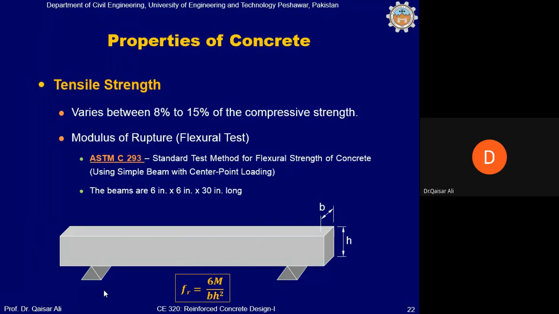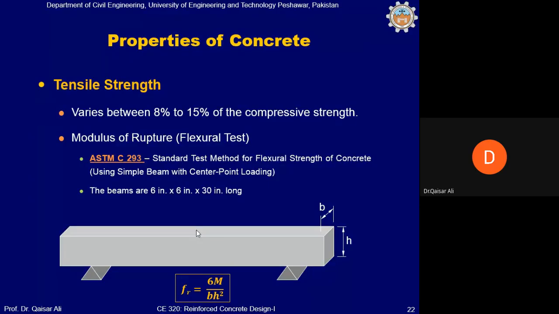Okay, this is Fr equal to 6M divided by BH square. M is the bending moment at the center point, because if there is a point load on the center, the maximum bending moment will occur also at this location. So maximum bending moment can be calculated when you test the sample, and mind that this is made of plain concrete, not reinforced concrete, only concrete without reinforcing bar.